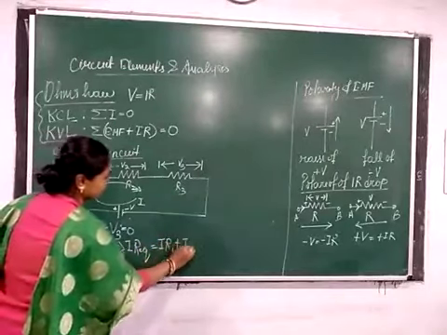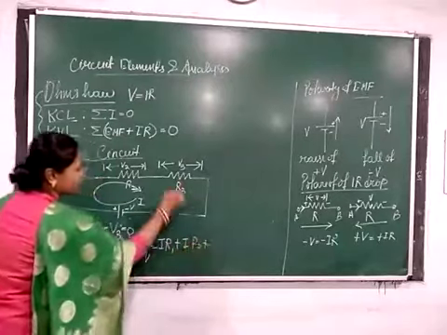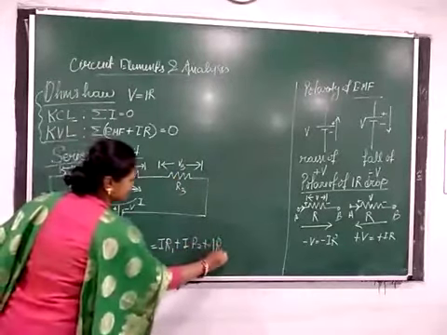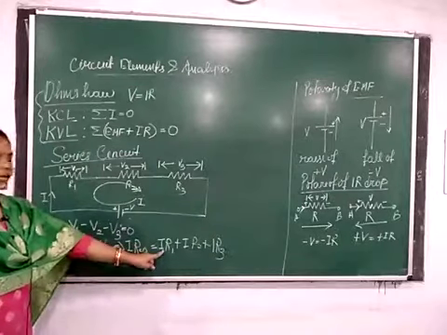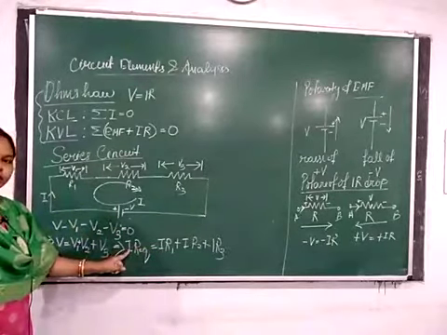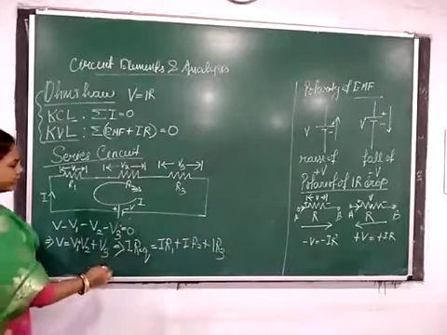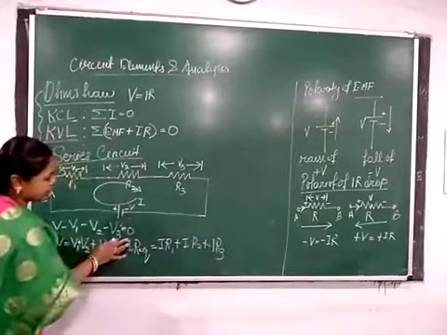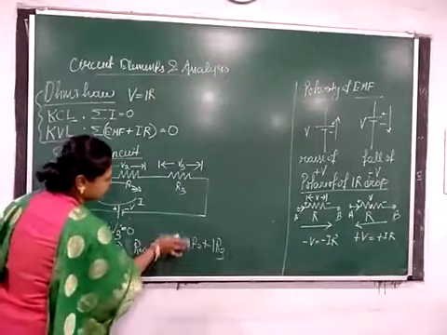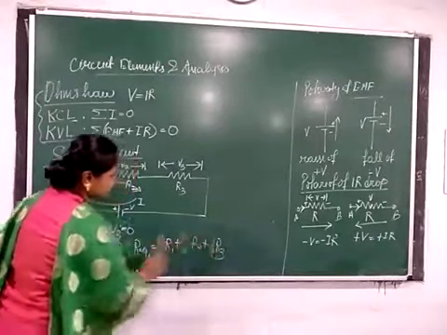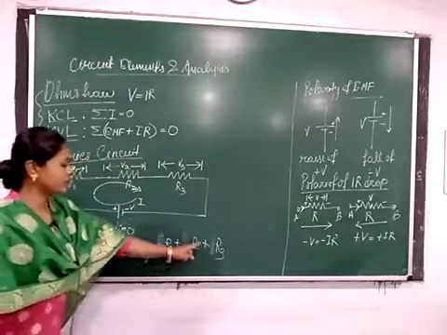Similarly, V2 is I into R2. V3 is I into R3. If you take I common, and cancel out I from both the left-hand side and right-hand side of this equation, you get R equivalent. Then R equivalent is equal to R1 plus R2 plus R3.